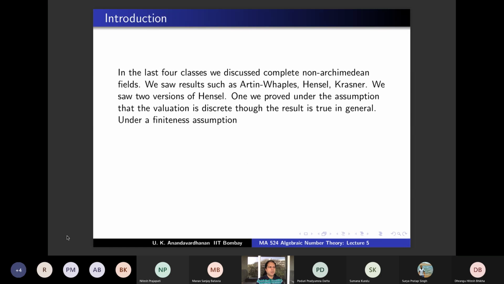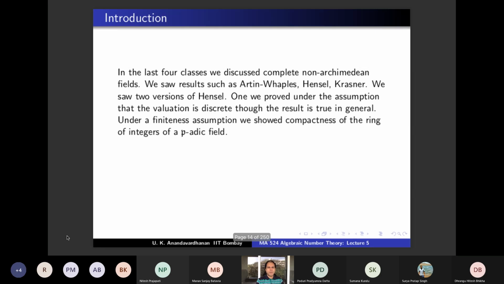And then in the very last class, in lecture 4, we proved a compactness result. We proved that the ring of integers of a complete non-Archimedean field with a discrete valuation, O, we called it, is compact. This was under a certain assumption that O/P is finite. Also, the units of that ring are compact under the same assumption.